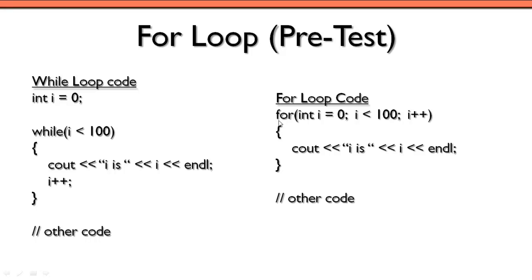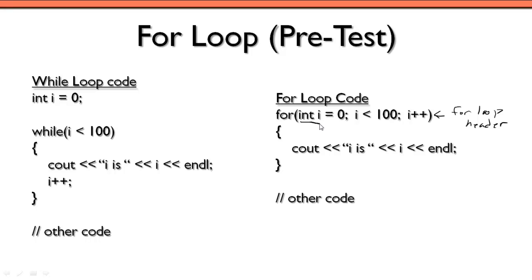So here we have the keyword for, open parentheses, then a bunch of stuff, close parentheses. And this is what we call the for loop header. And the for loop header has 3 parts to it.